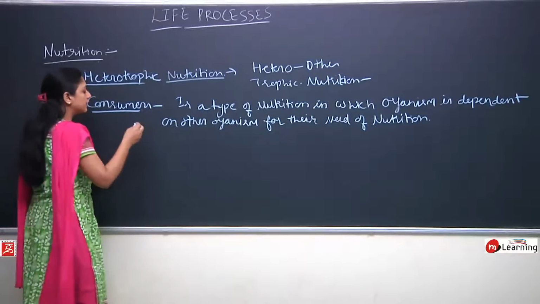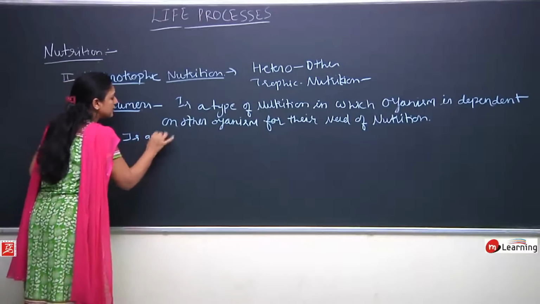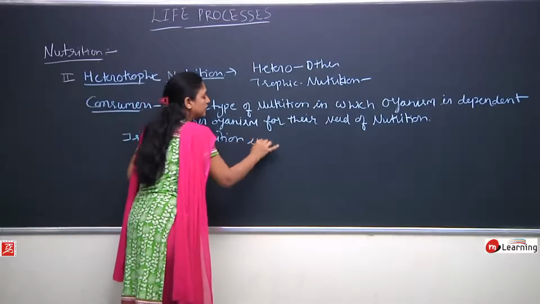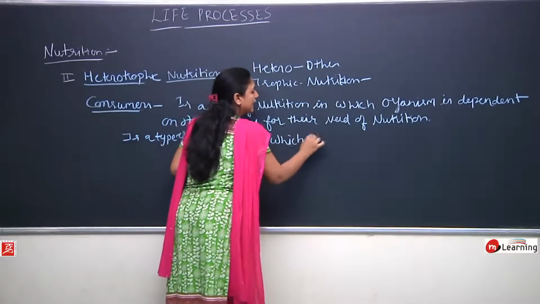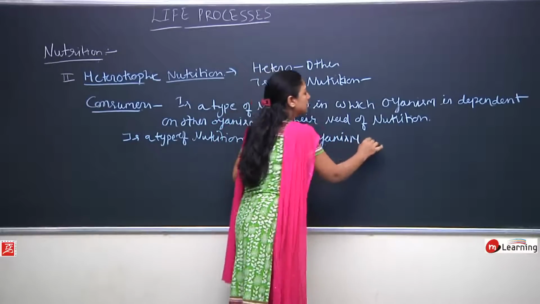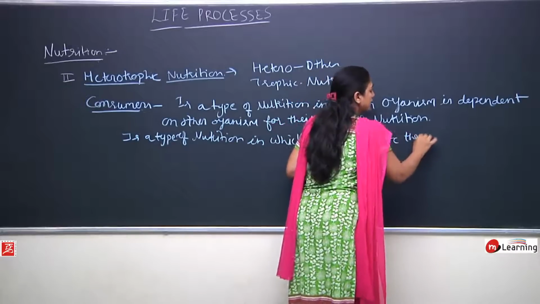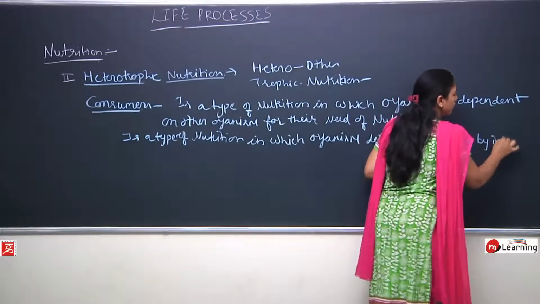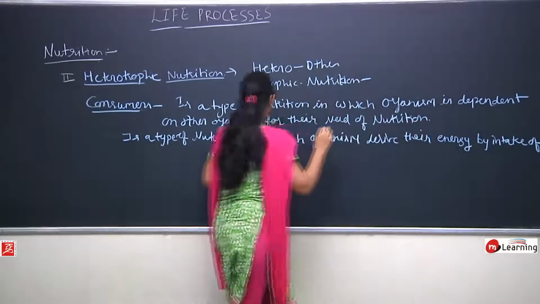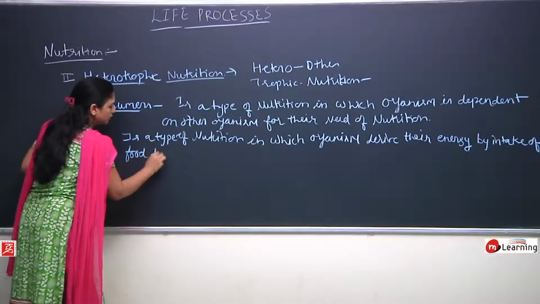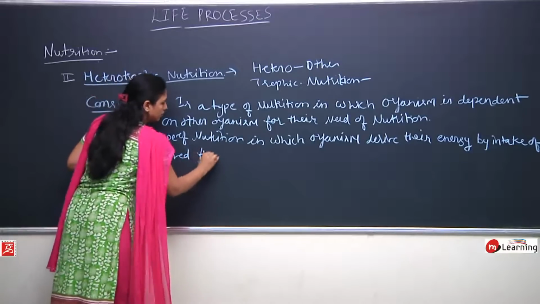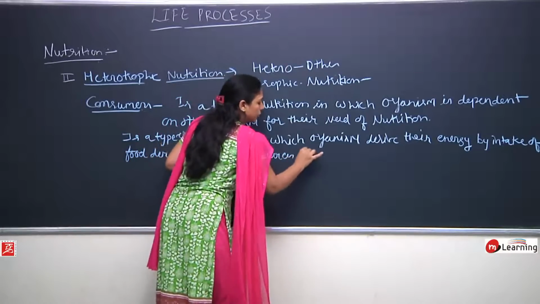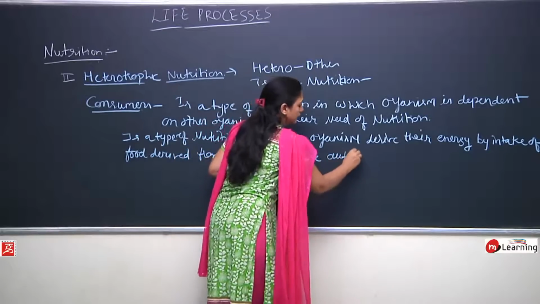We can also define it in other words. It is a type of nutrition in which organisms derive their energy by intake of food derived from other sources like autotrophs and animals.